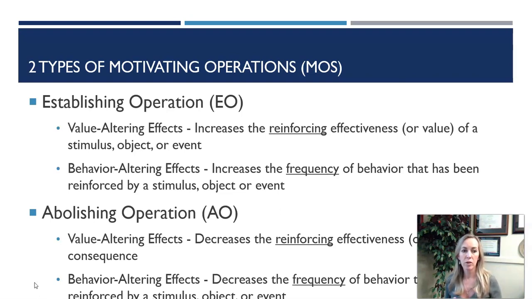So value altering effects, and it also can abolish that value, right? But we also can have behavior frequency be adjusted. So maybe less frequent behavior to more frequent behavior, based on basically the value at the moment of that reinforcer.